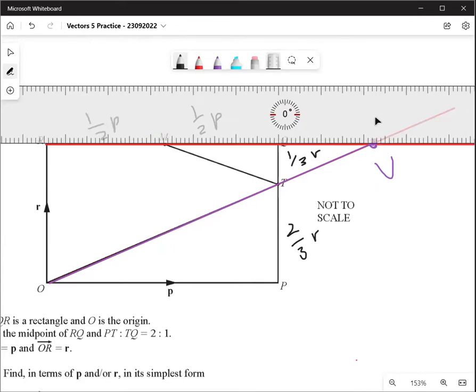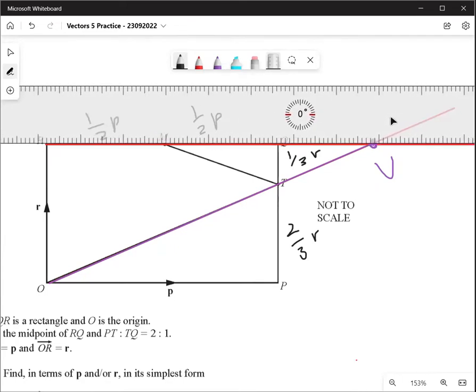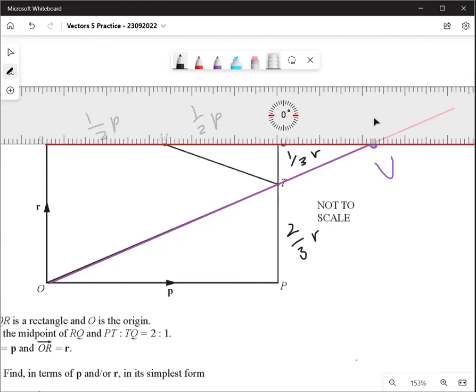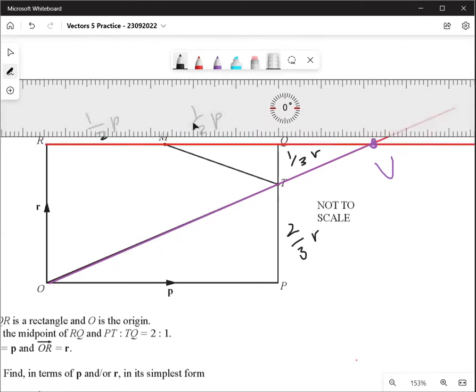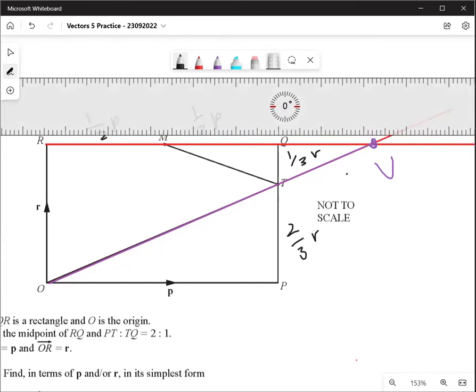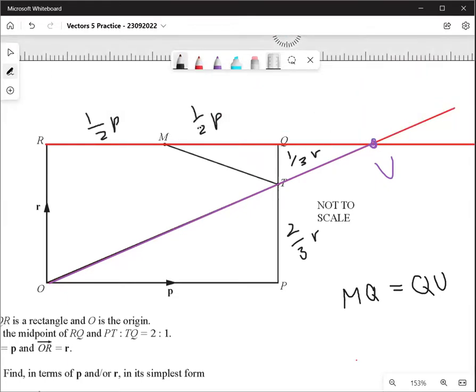You will realize that both the points M and U are exactly at the same distance. Okay, you will realize that MQ is the same as QU.